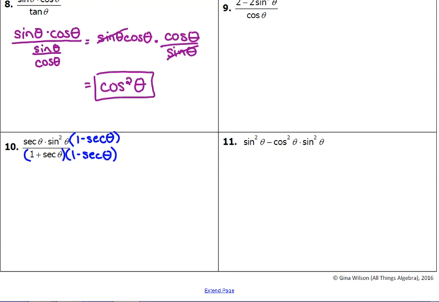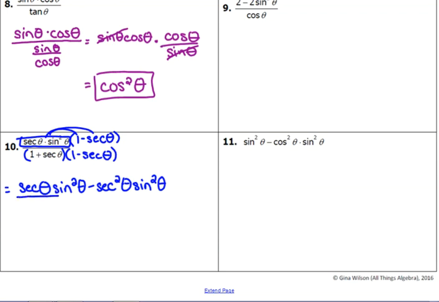Okay, let's see here. If we multiply the numerator, we've got to distribute this expression right here. So that gives us secant of theta times sine squared of theta minus secant squared of theta sine squared of theta over, if we multiply out the denominator, we've got to FOIL that. 1 times 1 is 1.